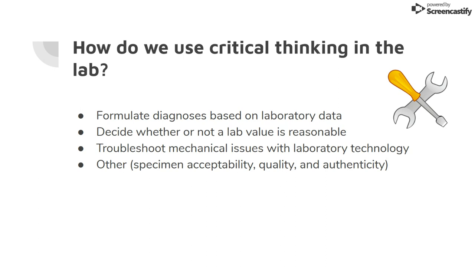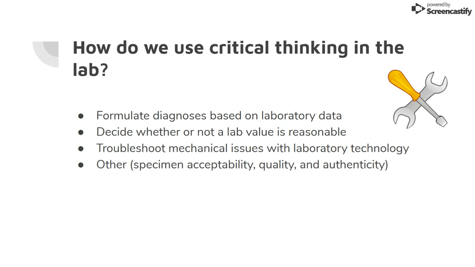You have to go back. You have to look at things like, was the specimen acceptable? Was there hemolysis? Was there fibrin that might have gotten in the specimen? Was the specimen old? Those answers come back. Was it a mechanical issue with the machine? Do you need to trace, did it happen with the probe?